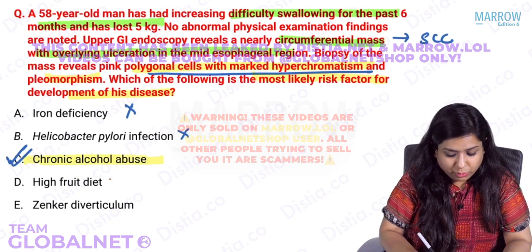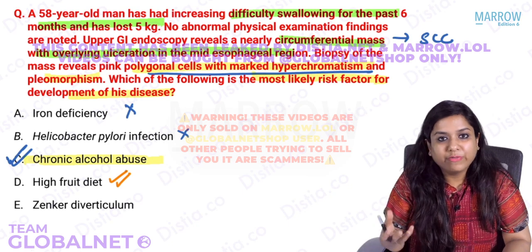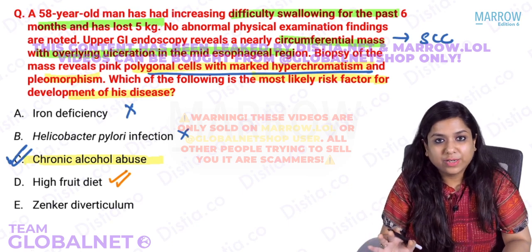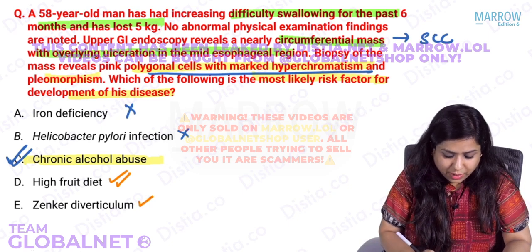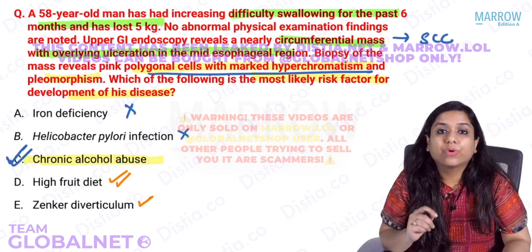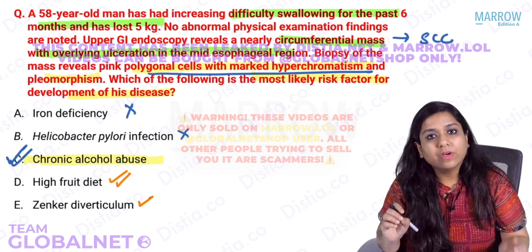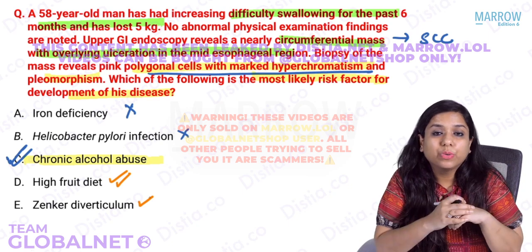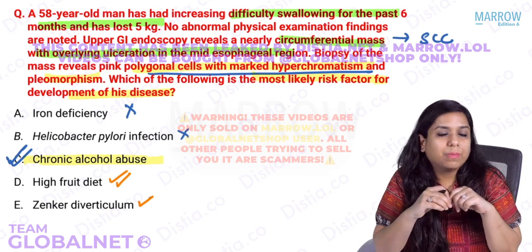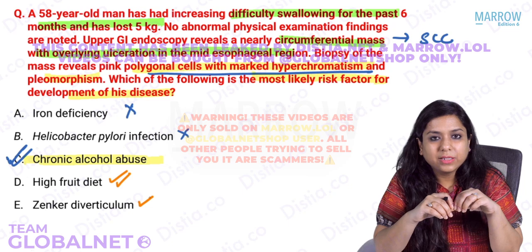High fruit diet, no. Fruits are always good, so it does not lead to any cancer. Zenker's diverticulum, no. Right? So the best answer here is chronic alcohol abuse. Zenker's diverticulum can also lead to increased risk, but not that much as compared to chronic alcohol abuse, which is a better answer. Clear? Easy story?